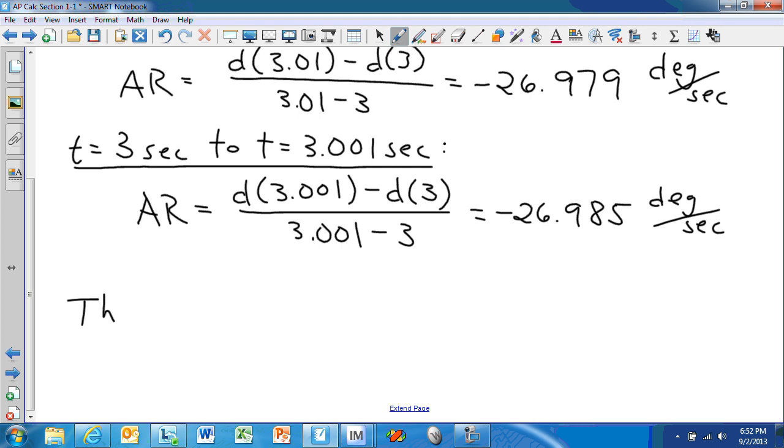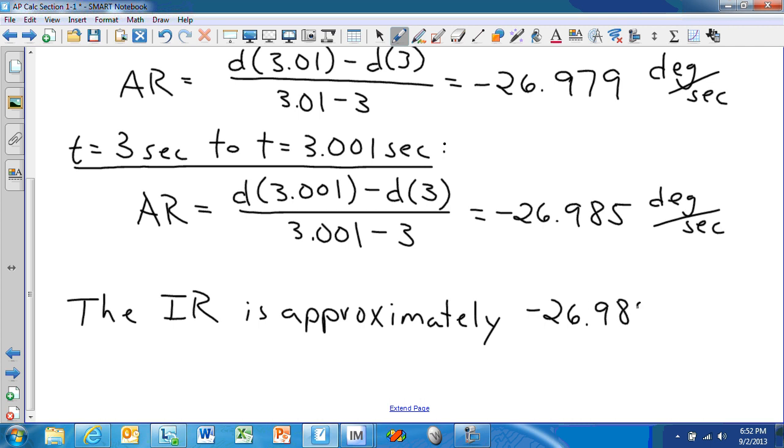That the instantaneous rate, which I'm going to abbreviate here as IR, the instantaneous rate is approximately negative 26.985 degrees per second at t equals 3 seconds. Wrote it a little bit different this time here, just so you can see another way that you can write that answer out. It's fine to write it either way.